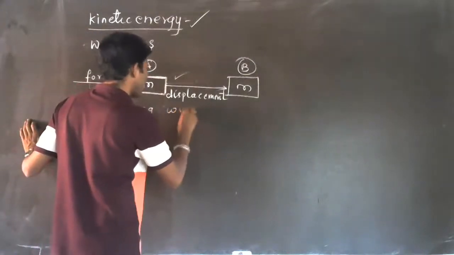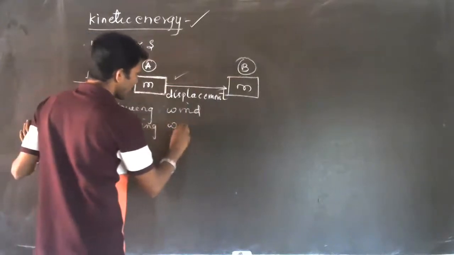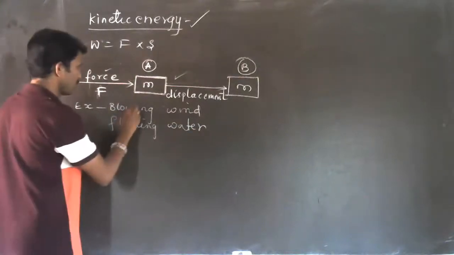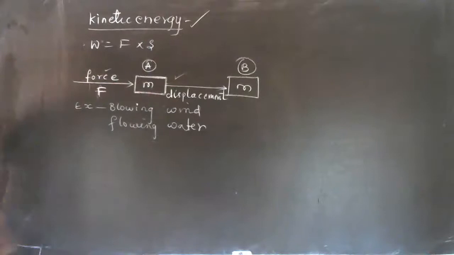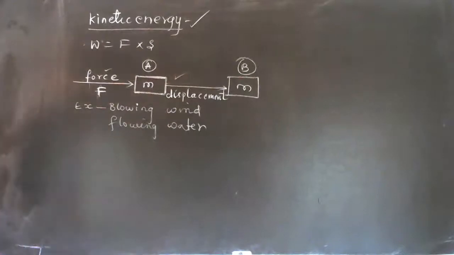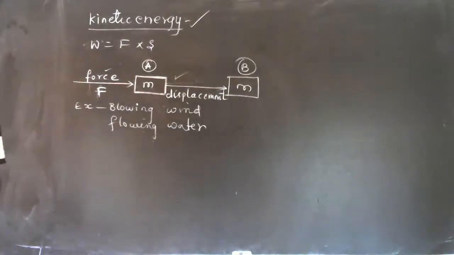Flowing water during floods creates a lot of problems, and many natural calamities happen because of it. So kinetic energy is the energy possessed due to motion. A rolling stone or a moving vehicle will have kinetic energy.